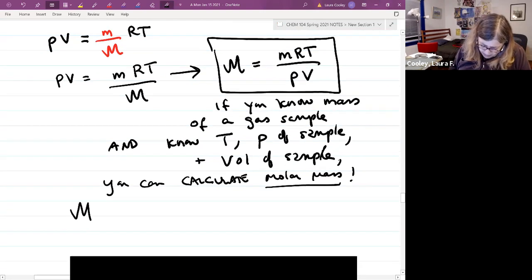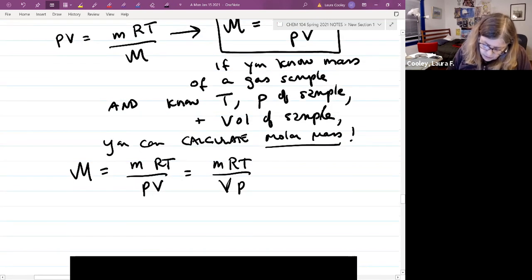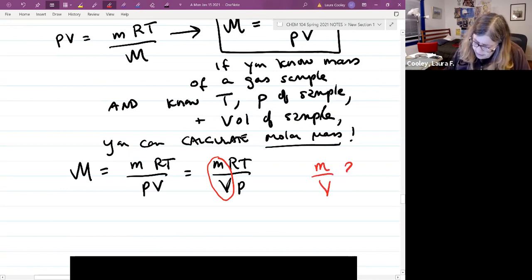And another thing you can do is if you think about this equation, molar mass is little m RT over PV. But what if I write it like this? I switch the order of the V and the P. And then you look at this. What is this? What is m over V? Mass over volume. That's the density.